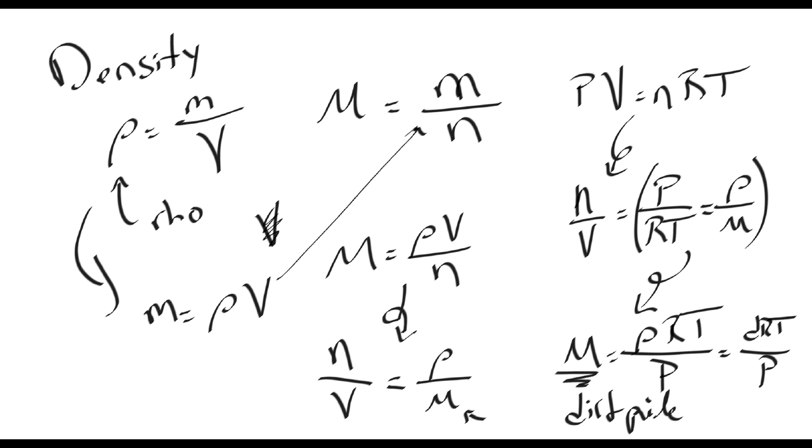The molar mass of a gas at some temperature and pressure is going to be related to density, temperature, and pressure. In other words, this is how, once upon a time, they were able to measure the molar masses of things. It's because they were able to measure the density of a gas at a given temperature and pressure.